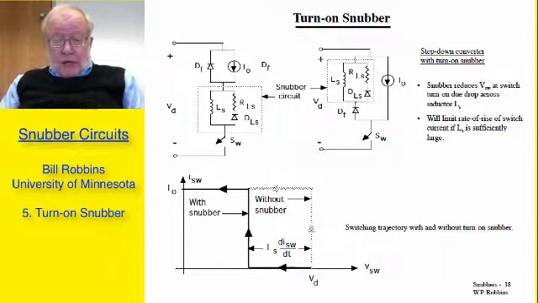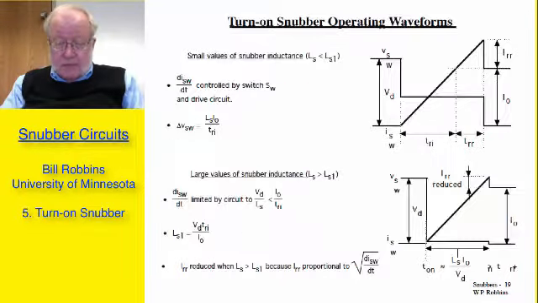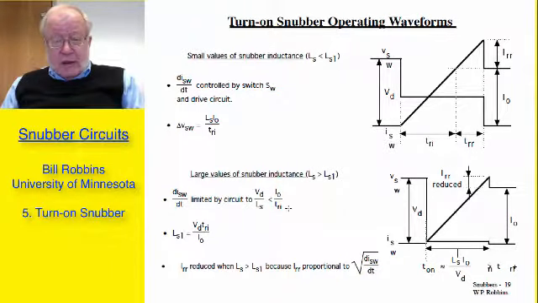So if we put it into a circuit and analyze what's going on, we can figure out then what the values of LS and the resistor R sub LS have to be. Here I show two different situations in this slide.